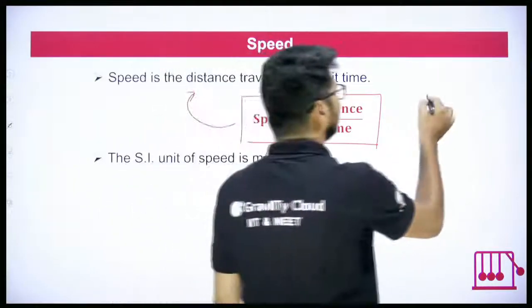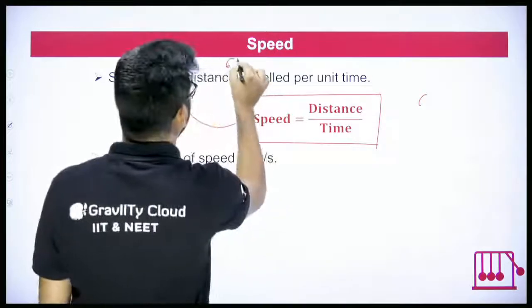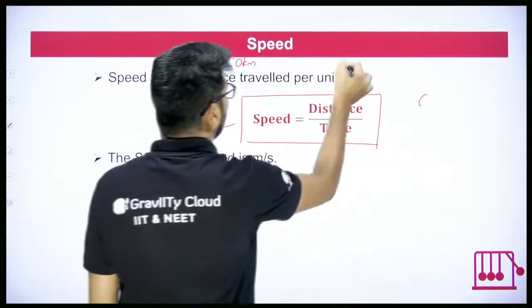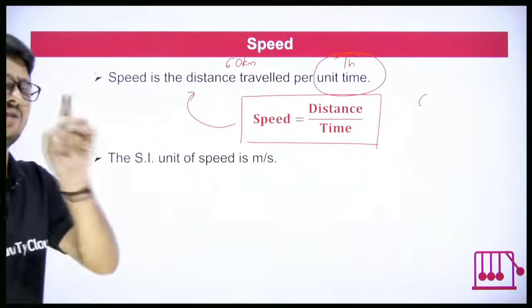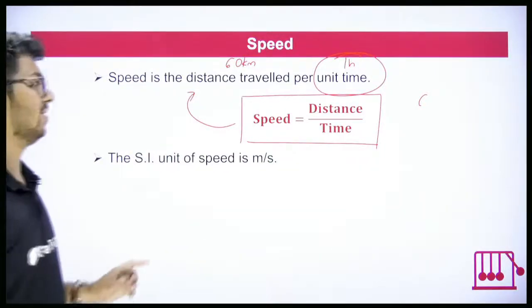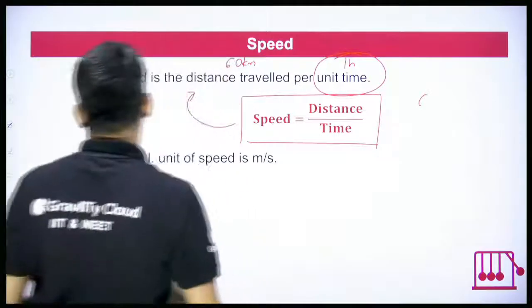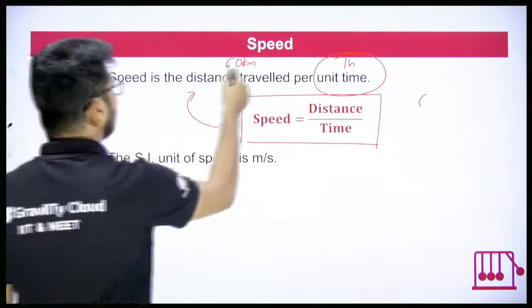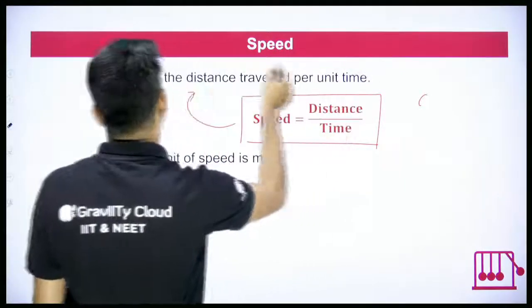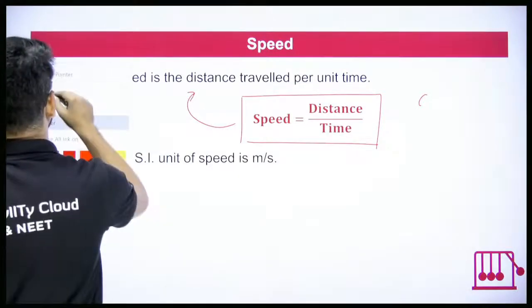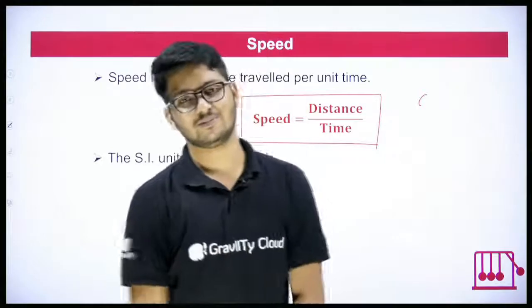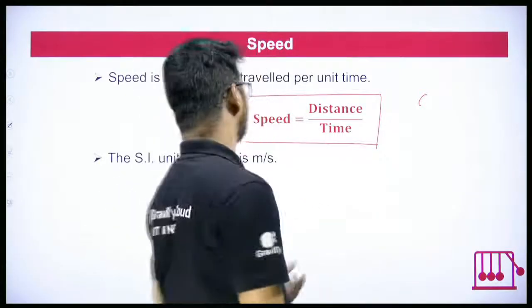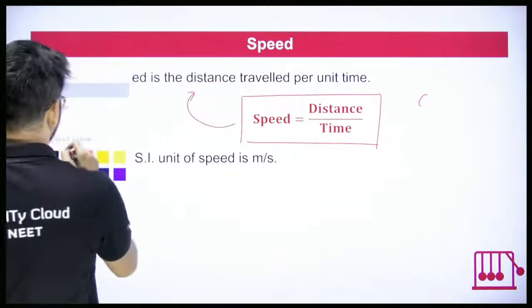If I say 60 kilometer per hour, 60 kilometer is distance traveled, 1 hour is the unit time. Unit will mean 1. Clear? So what is the formula for speed? Distance by time. How do you define it? Distance traveled per unit time. Clear? Now what is the SI unit of speed?